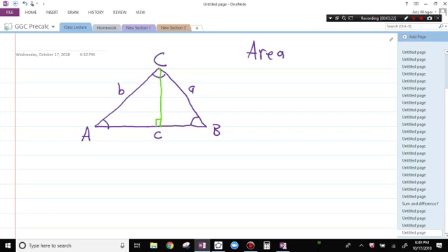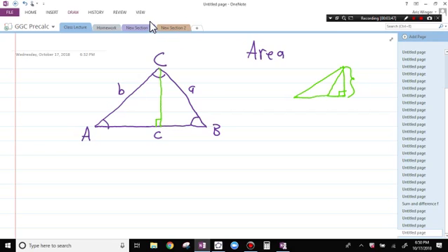So technically the altitude could be outside the triangle. If I had a triangle like this, the height is outside the triangle, and that is perfectly okay. But in this case, it's on the inside.